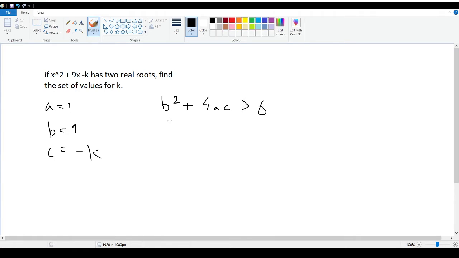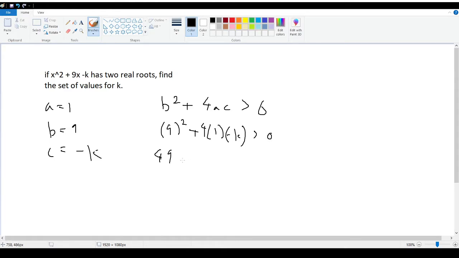Right there. 9 squared, minus 4 multiplied by 1, negative k.